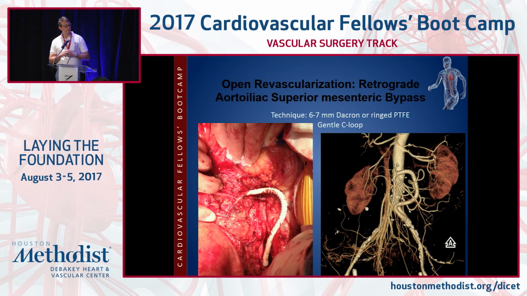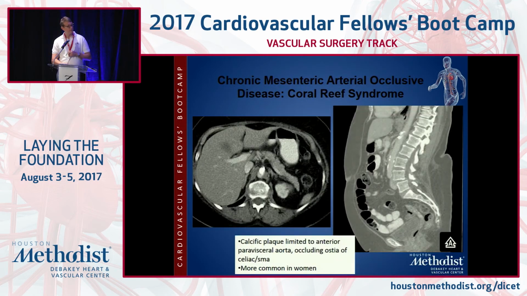You can see here on the reconstruction of this operation a nice C loop coming up from the iliac to the mid portion of the SMA. Most people for this kind of bypass will use a ringed PTFE for that reason. It helps maintain that shape, whereas a non-ringed PTFE or sometimes a Dacron, if it's too redundant, might have a tendency to sharply kink in the middle of the bypass.